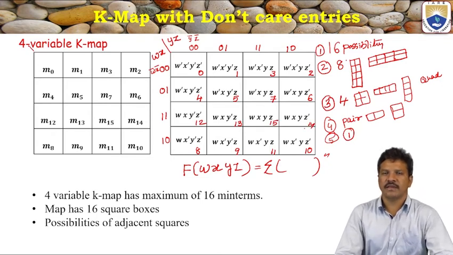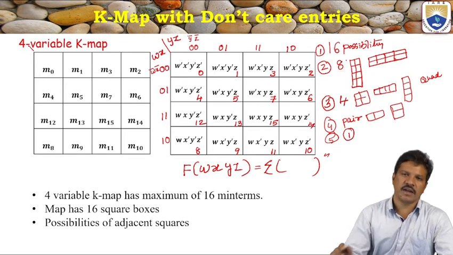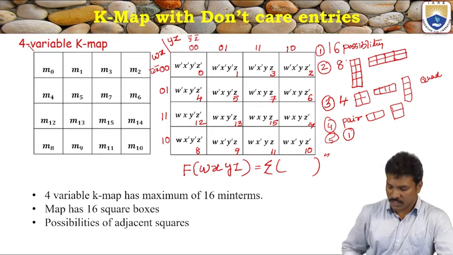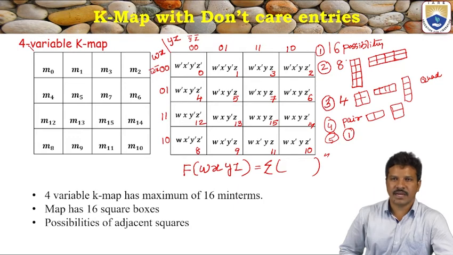Likewise, we assign the decimal numbers, so that we can easily identify the given Boolean function in terms of the summation of decimal numbers. We put the mark, logic 1, in the corresponding box. So in this way, this is the 4-variable K-map: how to draw the K-map, assign the minterms, and then place the logic values.